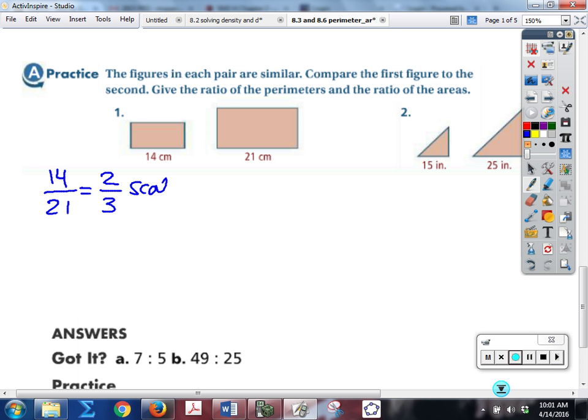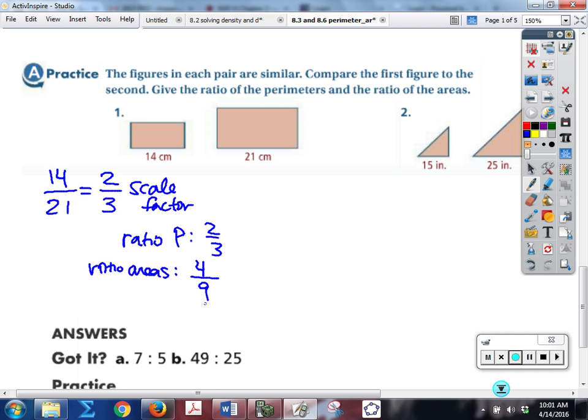Whatever the scale factor, the ratio of the perimeters is exactly the same. So it's just 2 to 3. And the ratio of the areas is you square the 2 and you square the 3 to get 4 over 9. So that was that one.